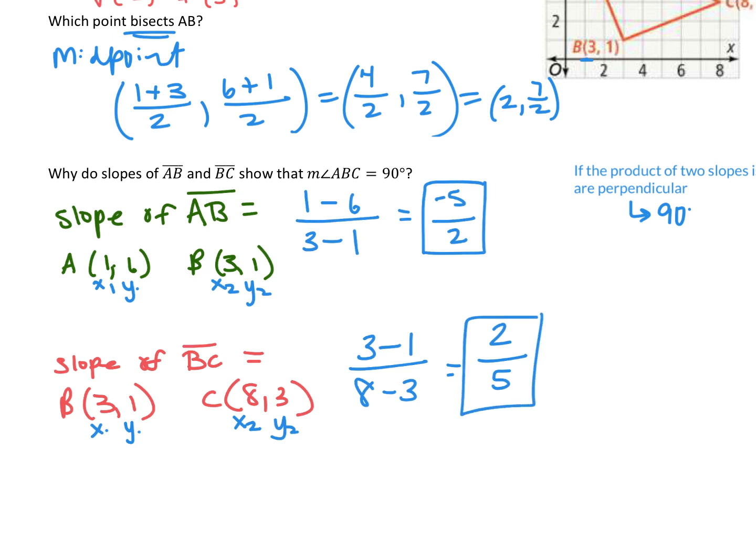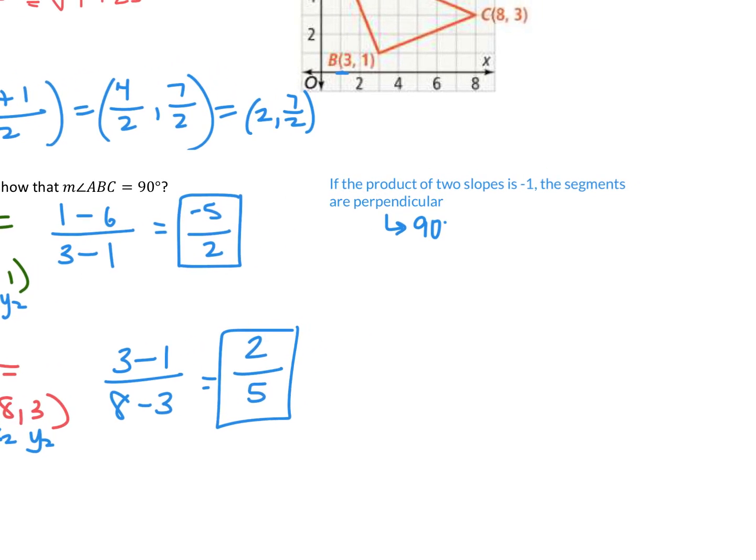Now, to show that, or I guess to see if, they are perpendicular, we want to find the product of those two slopes and see if we get negative 1. So product is multiply. We're going to take the first slope, negative 5 halves, times the second slope, 2 fifths, and we get negative 10, multiply across the top, over positive 10, and negative 10 over 10 equals negative 1.